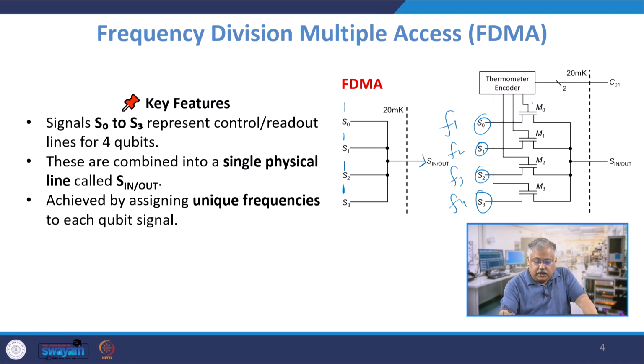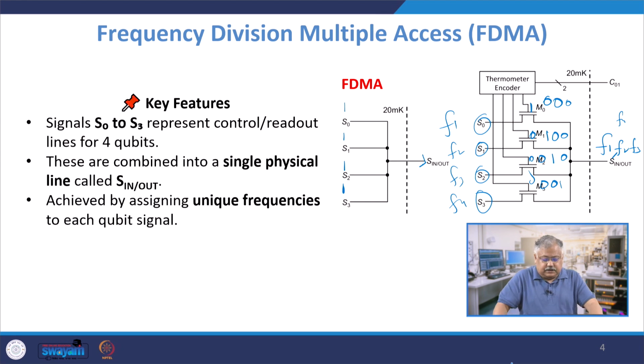Then by thermometer coding, let us say this is 1, 0, 0, 0, then this frequency appears at F out. Similarly, if this is 0, 1, 0, 0, then F2 comes out. If it is 0, 0, 1, 0, then F3 will come out, and so on and so forth. So, when you do 0, 0, 0, 1, then F4 will come out.